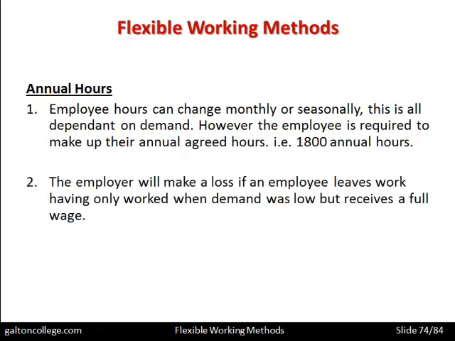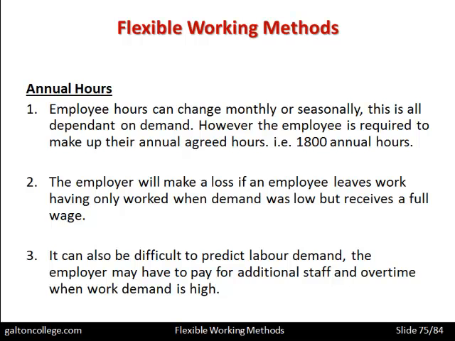The employer will make a loss if an employee leaves work having only worked when demand was low but receives a full wage. So there has to be give and take in this. The company expects the employees to work when there is high demand and to perhaps take their time off when there is less demand.